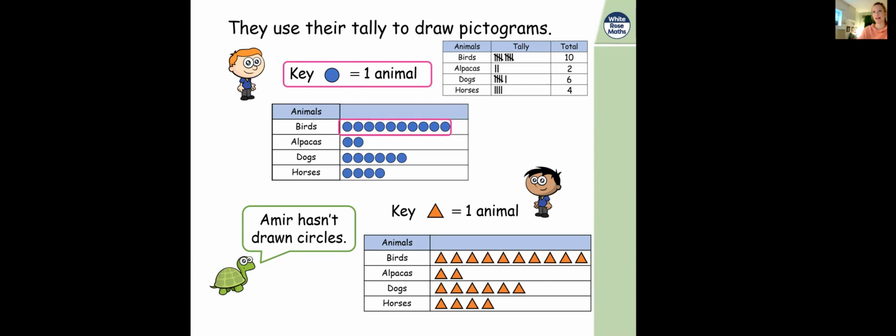Just talking about that key. Hang on a minute. Here we go. Can you see there? His key there. One triangle represents one animal. So he's done 10 triangles for the birds, 2 triangles for the alpacas, 6 triangles for the dogs, and 4 triangles for the horses. The same amount means the same amount, it's just a different picture, and that's fine.